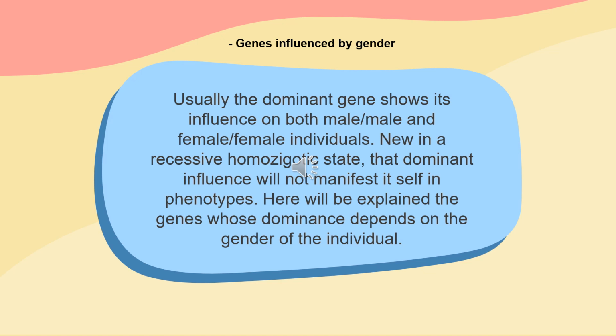Now, in a recessive homozygous state, that dominant influence will not manifest itself in the phenotype. Here will be explained genes whose dominance depends on the gender of the individual.